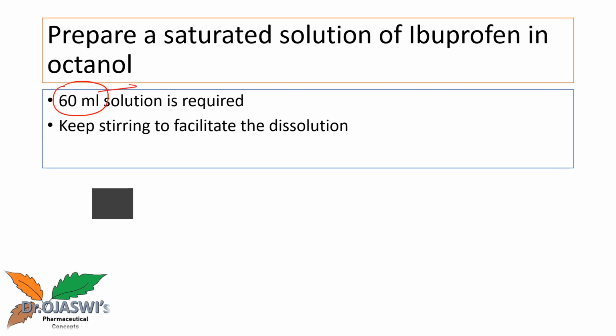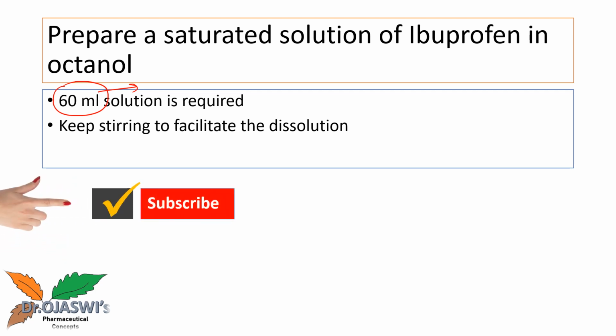This volume I have taken from the procedure, a reference of which I have given at the end of the presentation. Ibuprofen has been added to this octanol so that a saturated solution of ibuprofen is prepared.